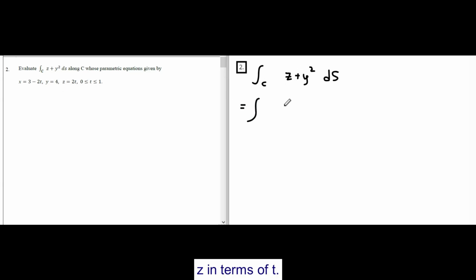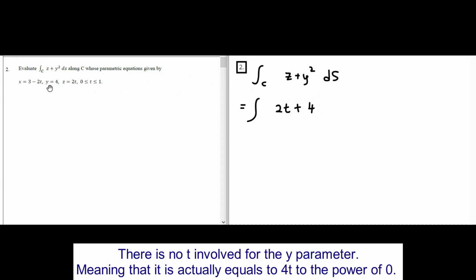Z in terms of t, y in terms of t. There is no t involved for the y parameter, meaning that it is actually equal to 4t to the power of 0.